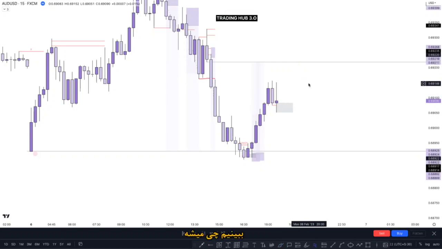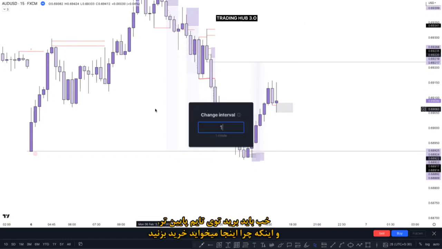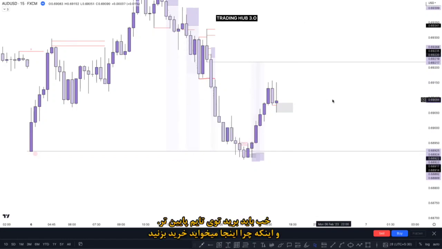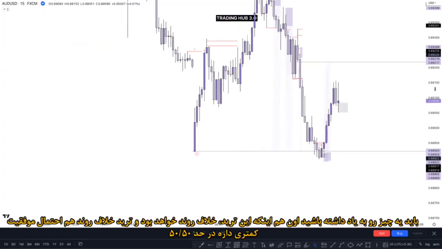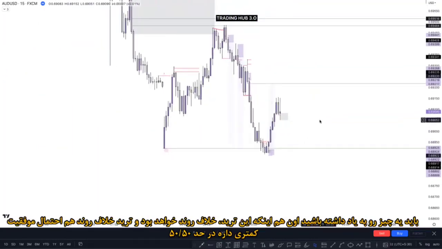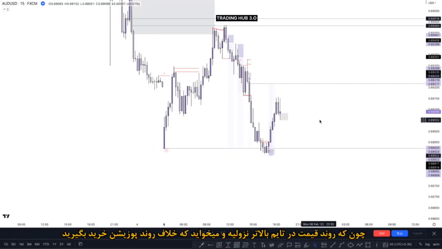So let's see what is happening here. You can switch here to the 1-minute time frame, and see why we are buying here. And you have to remember one more thing. These are counter trend buys, and counter trend means low probability, like only 50% probability, because the market momentum is bearish in the higher time frame, and you are willing to buy here based on a counter trend.